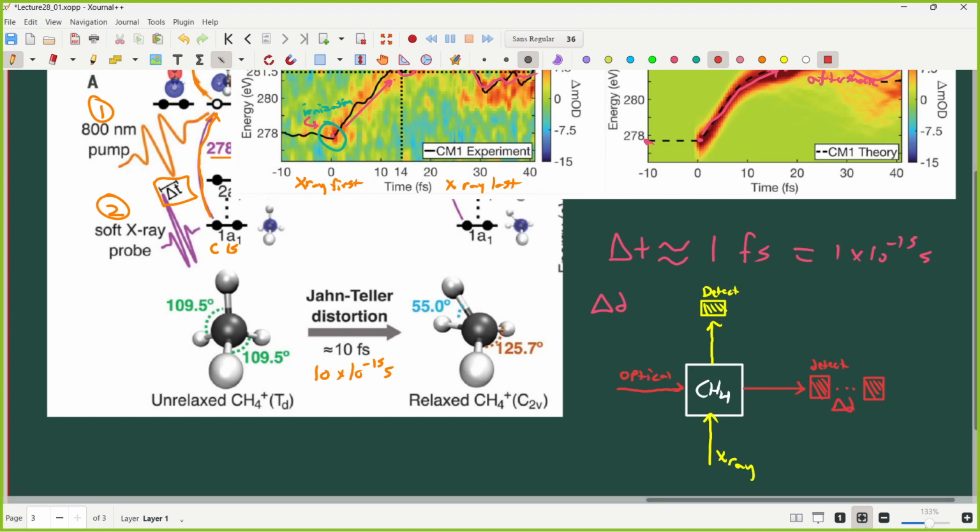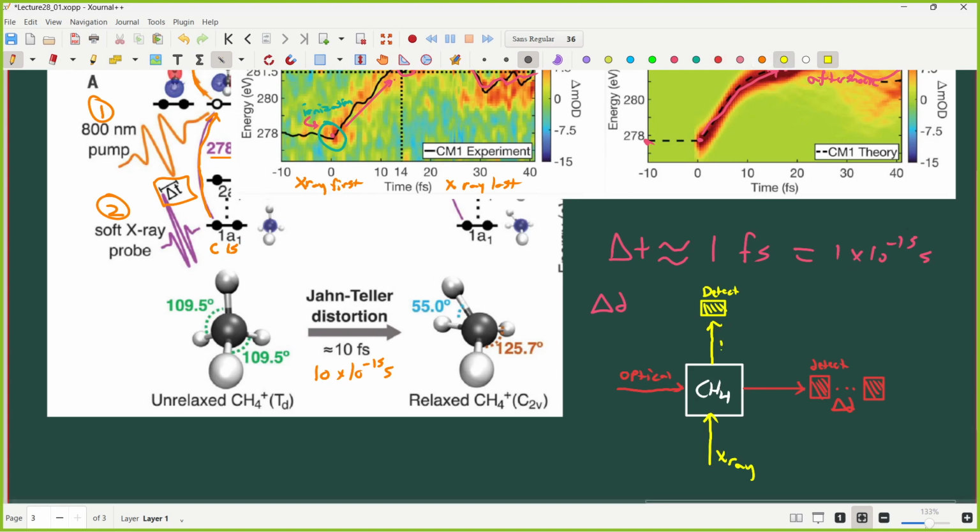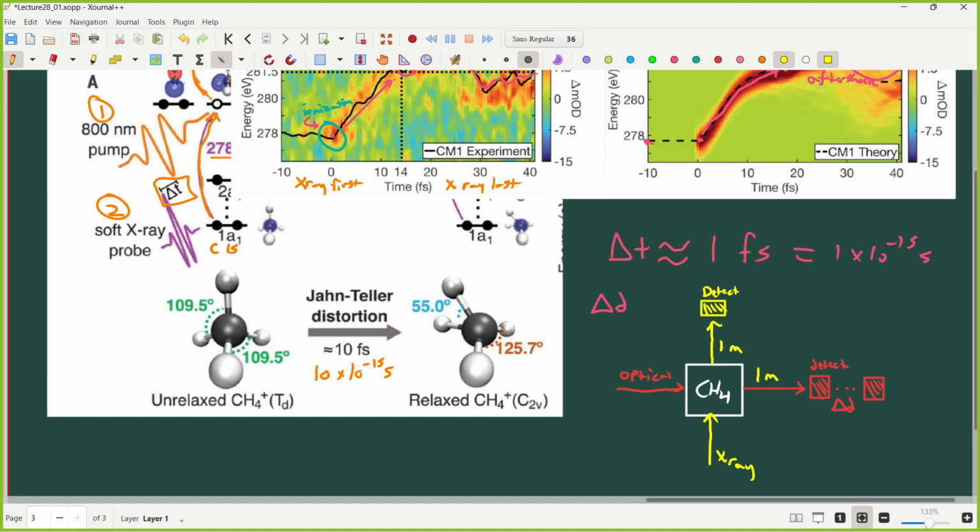If the pulses are 1 femtosecond apart, let's say these lengths are the same. Let's say these are each 1 meter, for instance. If they're both sent out at the same time, they'll both end up at the same time if they're at the same distance.